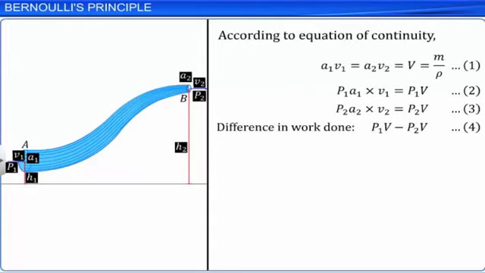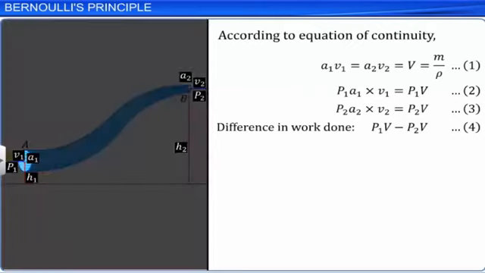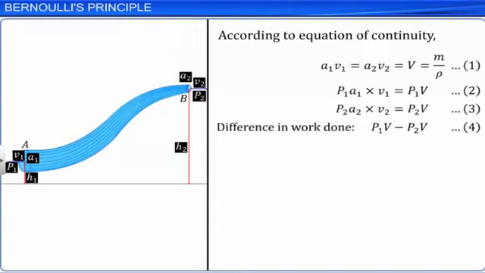As the liquid element moves from A to B, the velocity of the element increases from V1 to V2 and the height increases from H1 to H2. Thus, the increase in potential energy of the fluid element per second from A to B is expressed as mgh2 minus mgh1.